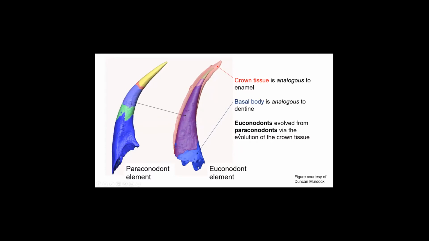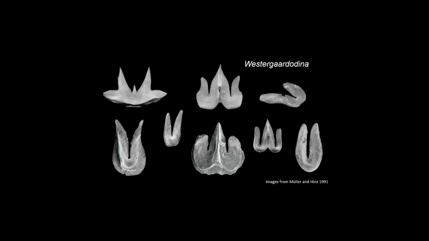Euconodonts differ in that they have something called crown tissue, which is analogous to enamel. So you can think of euconodonts as paraconodonts with a little hat on or something. So this is all well and good. So what's the problem here? And that's where these things come in.